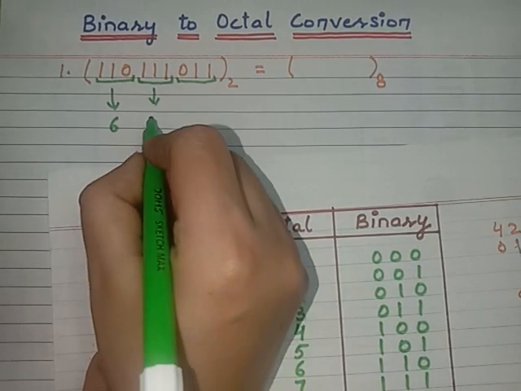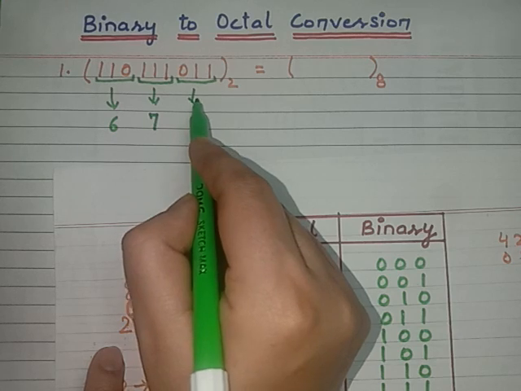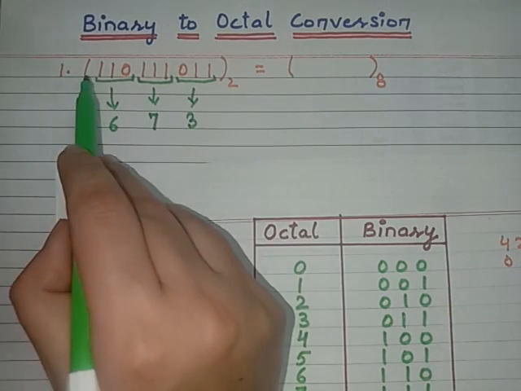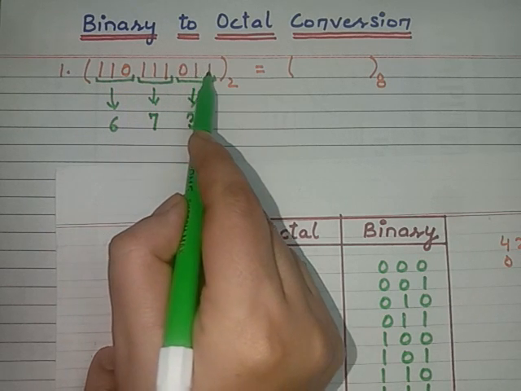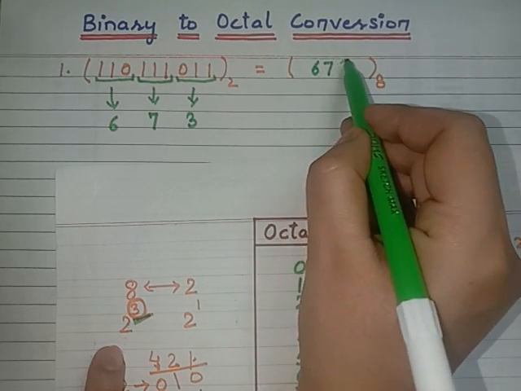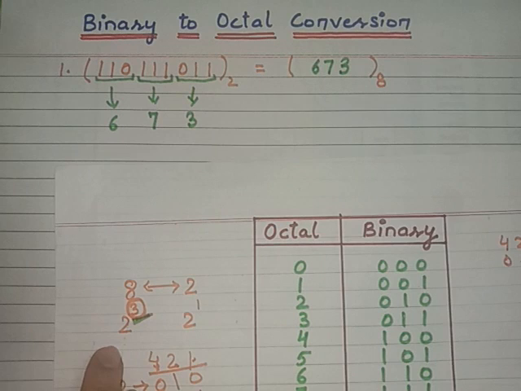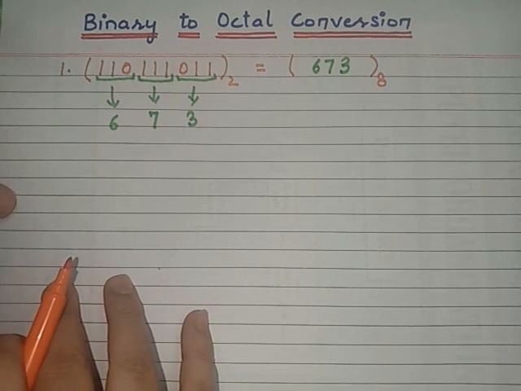So here I will be writing the 7. Then 011. So this is the number 3 actually. So the number 110111011 in the binary number system is equal to 673 in the octal number system. Right? It's as simple as that. We are just using a direct conversion and this table.